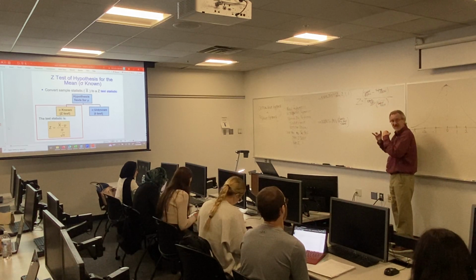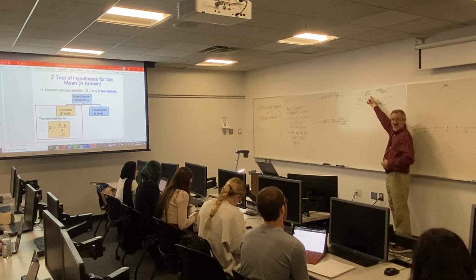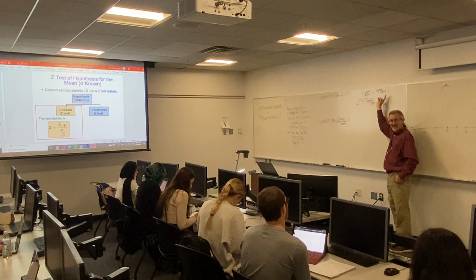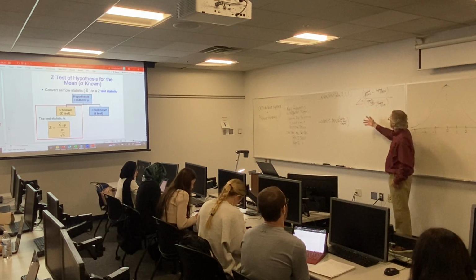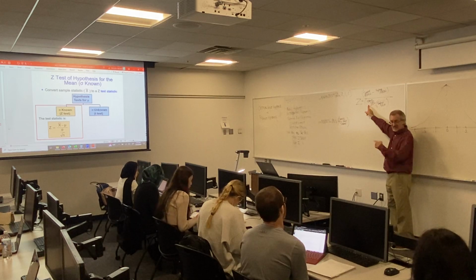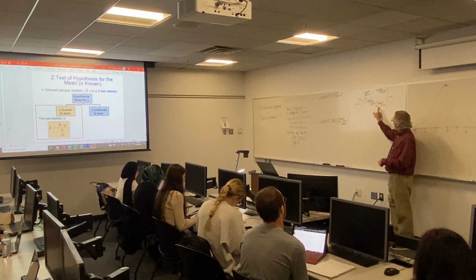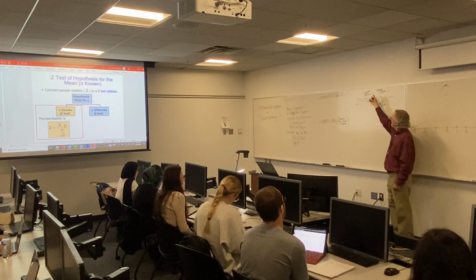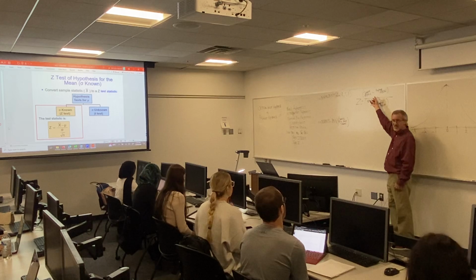The sample mean is being given, that's the left-hand side. The hypothesis is the right, the sample is the left. There's going to be a difference between them. That gets divided by the given standard deviation, which is going to be the population's this week, divided by the square root of the sample size. This should look familiar. This is the same as the confidence interval here in the denominator. The difference is the numerator. That's the only difference this week.